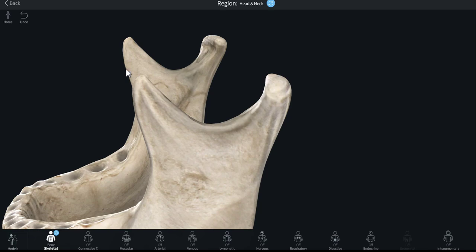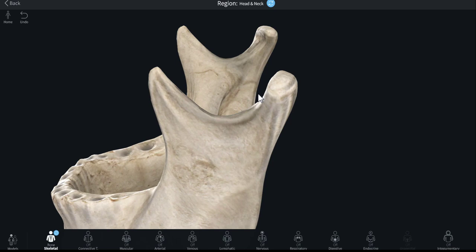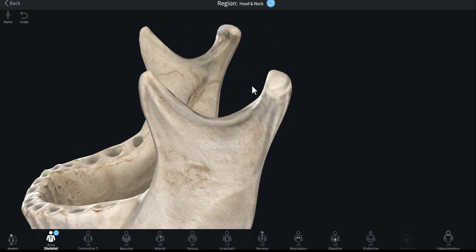That place is these two processes, which get attached to the temporal bone. We will learn more details when we study the temporal bone. The joint formed is the temporomandibular joint.